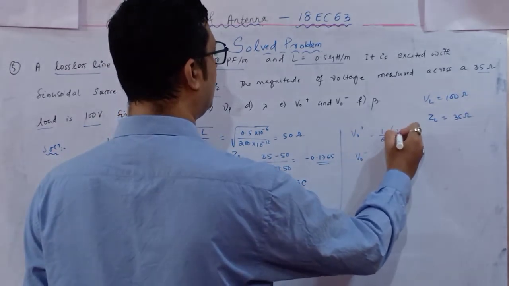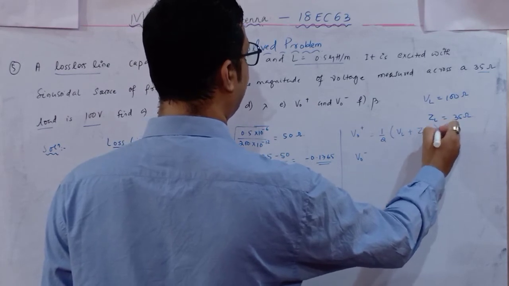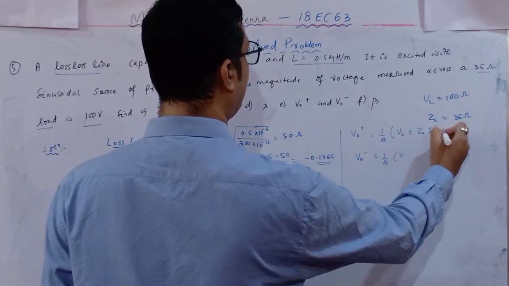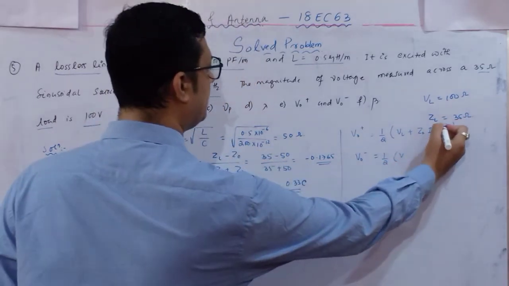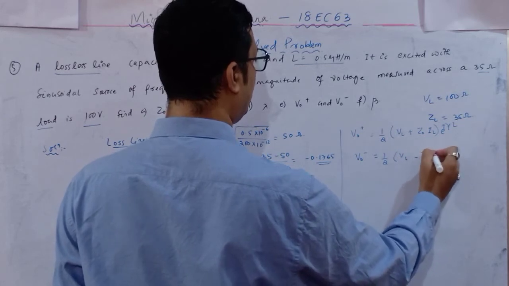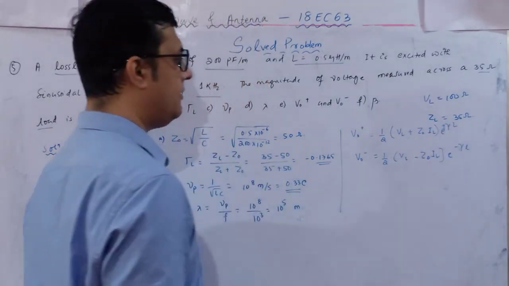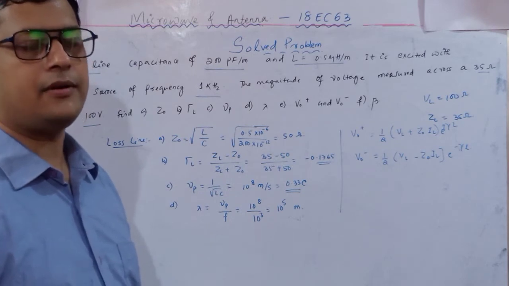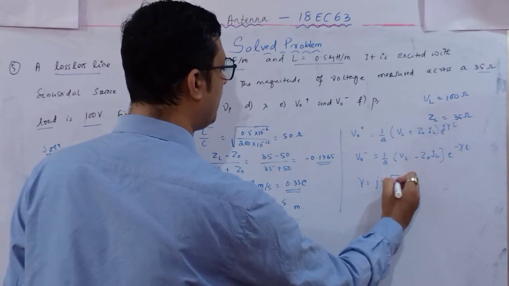Half of (VL plus Z naught into IL) into e to the power minus gamma L, plus half of (VL minus Z naught into IL) into e to the power minus gamma L. Since it is a lossless line, gamma will depend upon which value? j omega root over of LC.